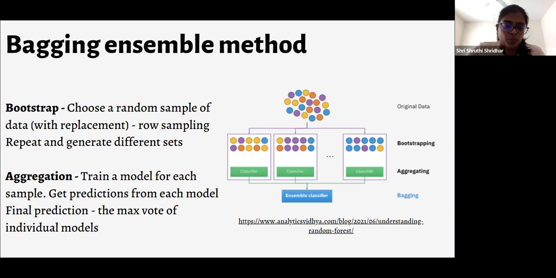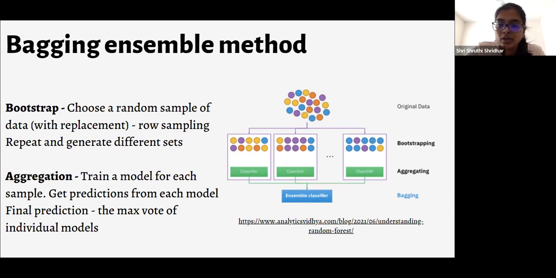In the next step, we train each random sample as one decision tree and generate the individual prediction from each of these models. As I mentioned, the final prediction of the random forest is the max vote of the individual models in case of classification, and the average in case of regression.